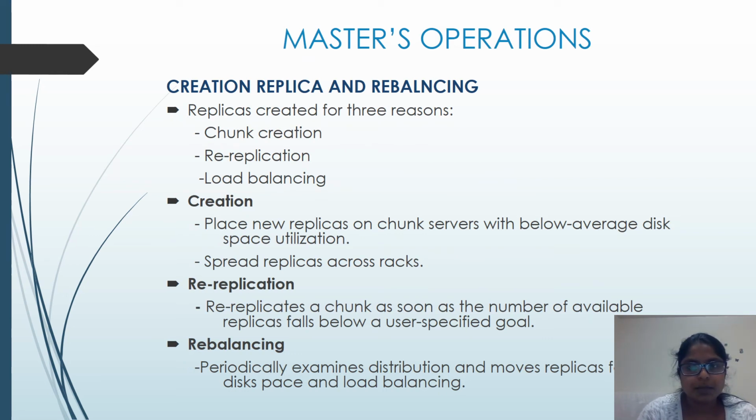Creation, re-replication and rebalancing. Chunk replicas are created mainly for three reasons: chunk creation, re-replication, and load balancing. Creation: when the master creates a chunk, it chooses where to keep the empty replicas, based on three factors.